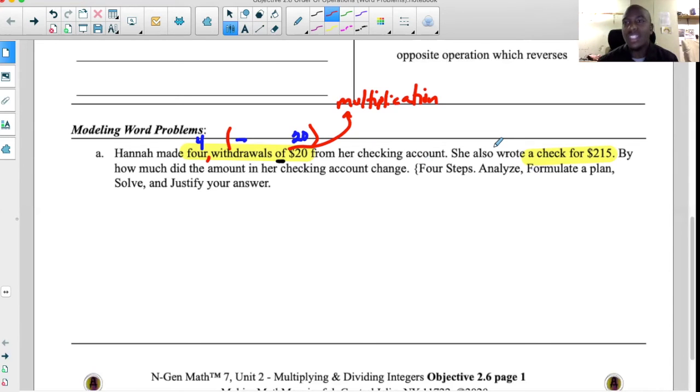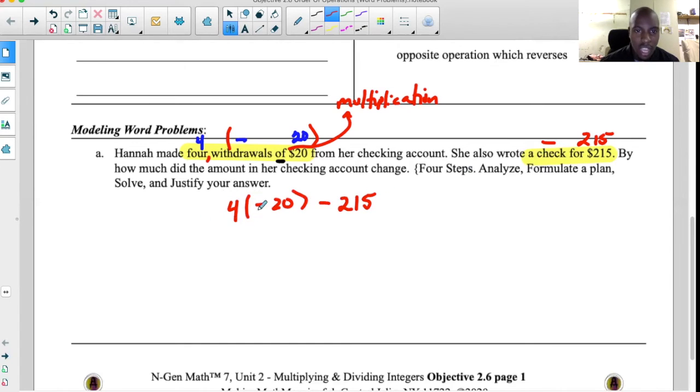When you write a check, someone's going to take that check and cash it, which means it comes out of her account. So this is really indicating a minus 215 that's going to happen here. So what does my actual expression look like? 4 multiplied by negative 20 minus 215.